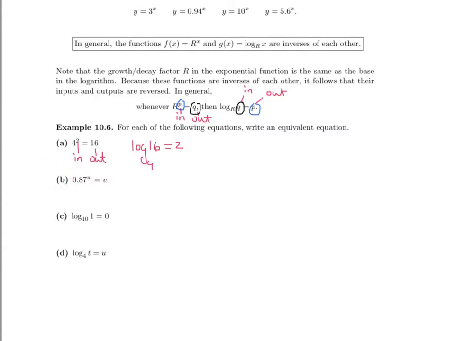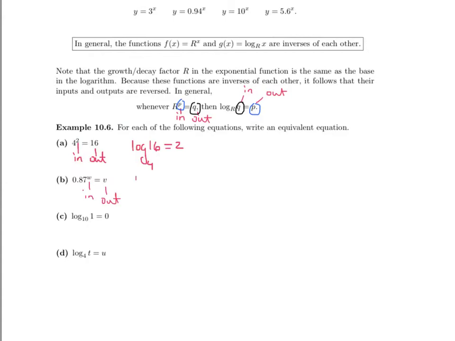Let's look at part B. In this case, in part B, the W is playing the role of the input, the V is playing the role of the output, and the factor is 0.87.